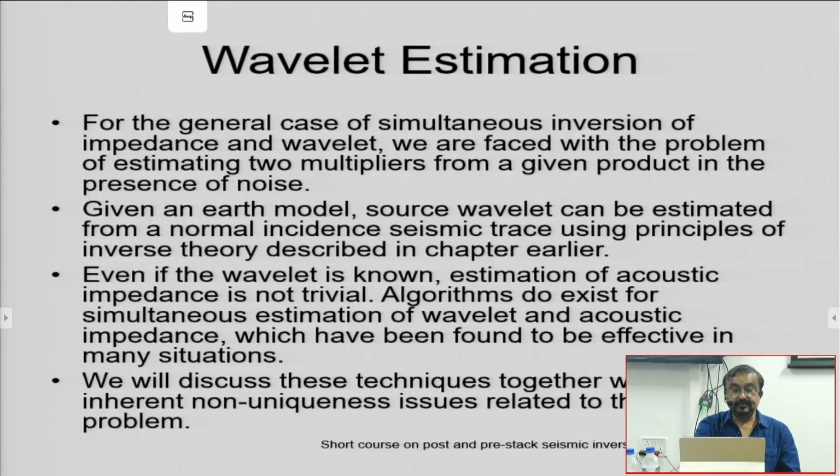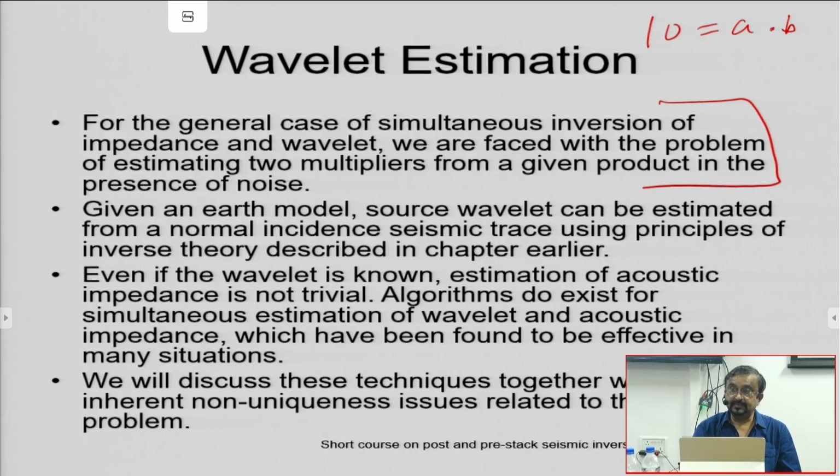So here is a general case of simultaneous inversion of impedance and wavelet. Basically, if you have a number 10, and this is multiplication of say 2 numbers, A times B, then if somebody asks you what is A and what is B, can you tell them for sure? You can't, right?